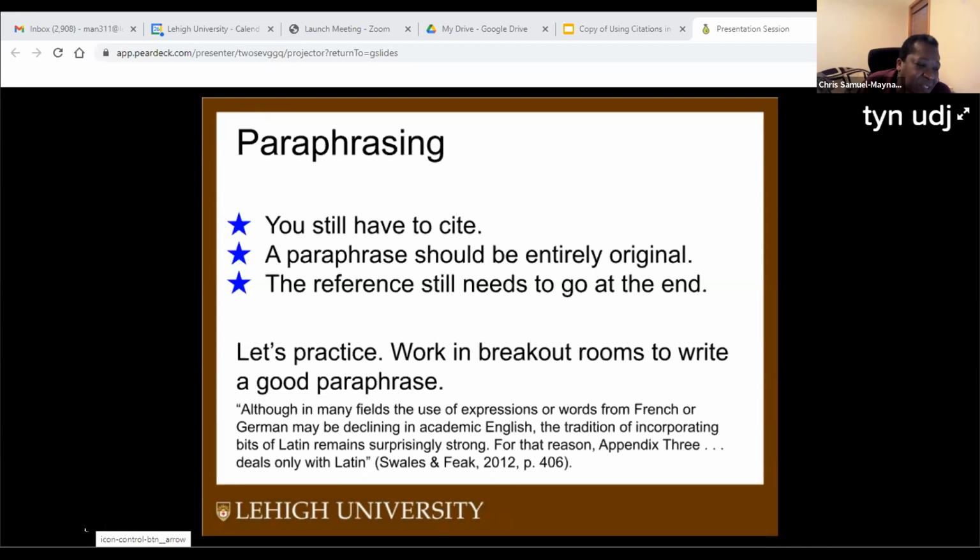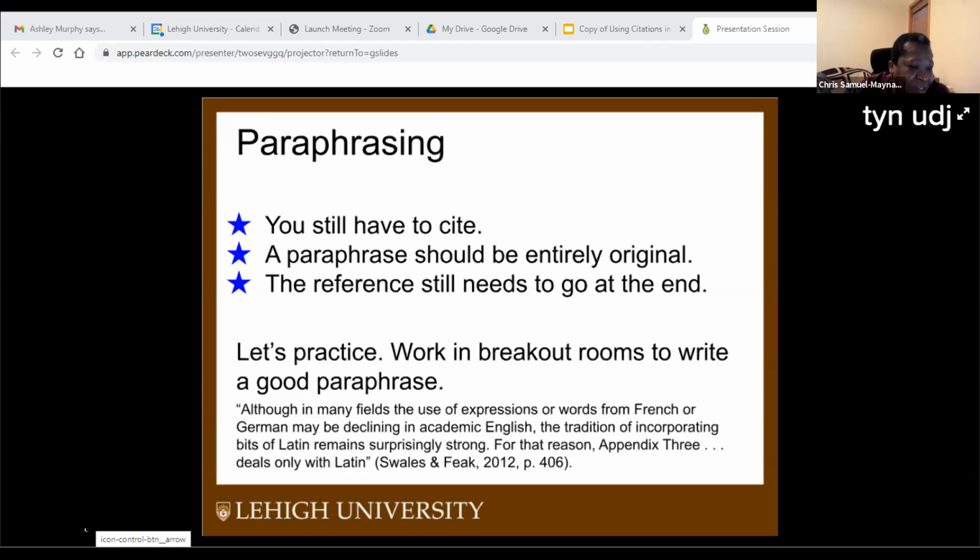For instance, that was kind of tough because there's not much that you can do without putting quotes for that particular phrase or paragraph that you have there.